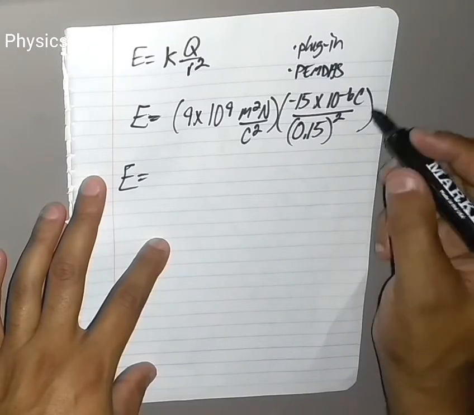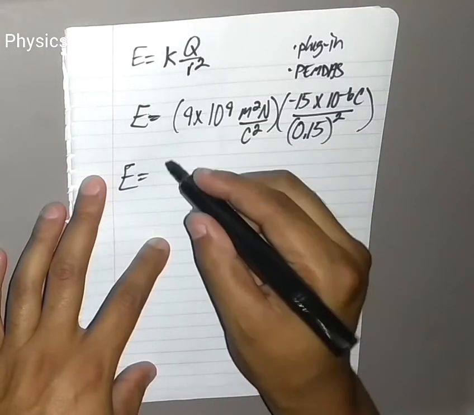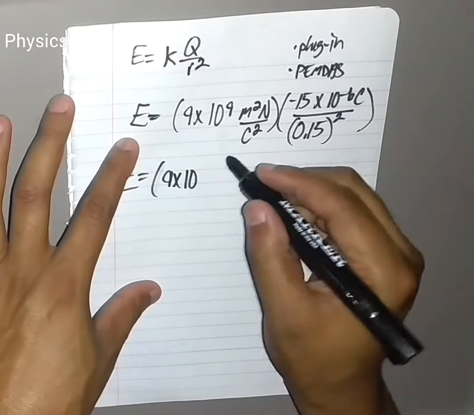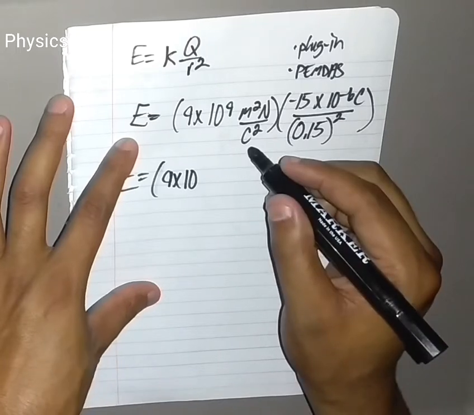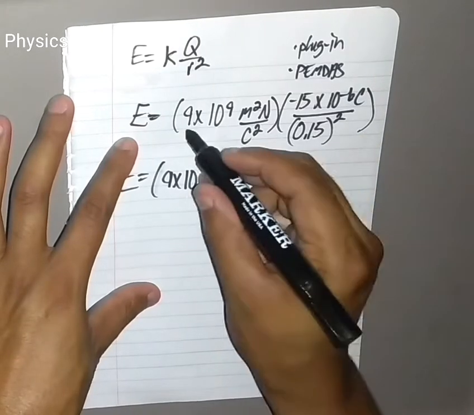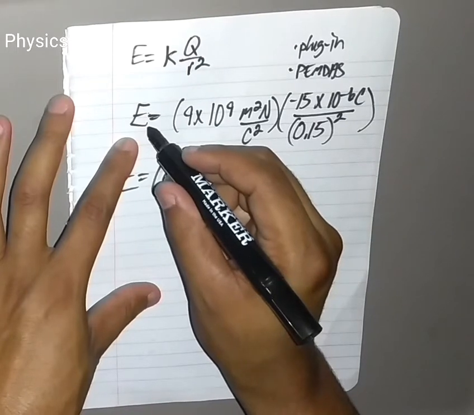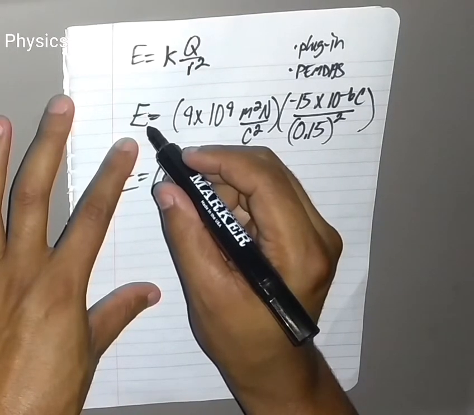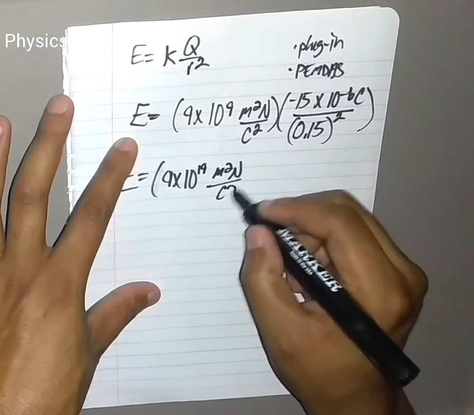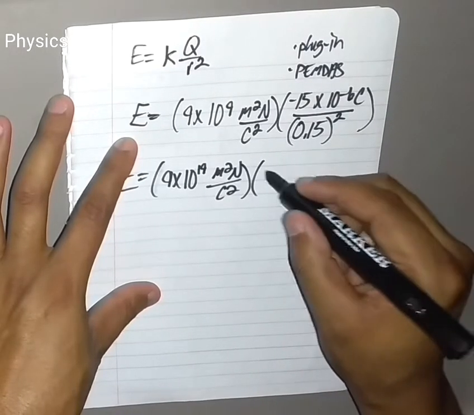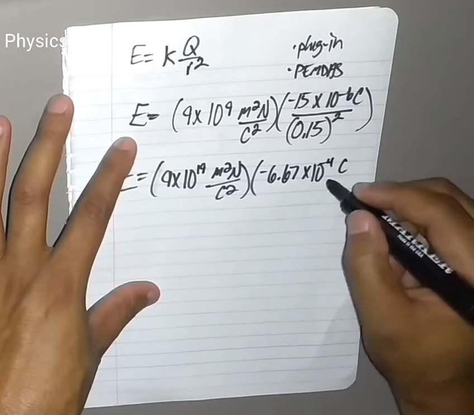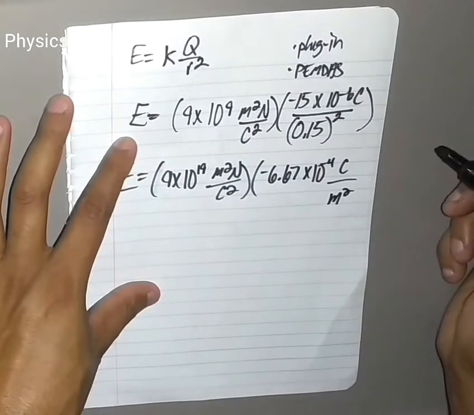Once we divide out, we're going to bring down what we have left: 9 times 10 to the 9 meters squared newtons over Coulomb squared, multiplied by a negative 6.67 times 10 to the negative 4 coulombs over meters squared.